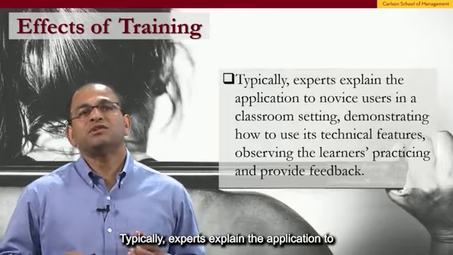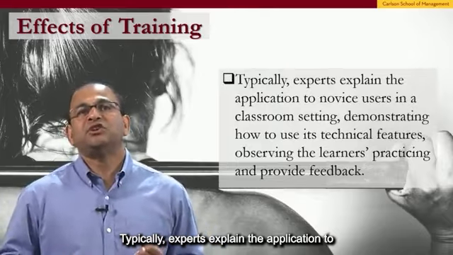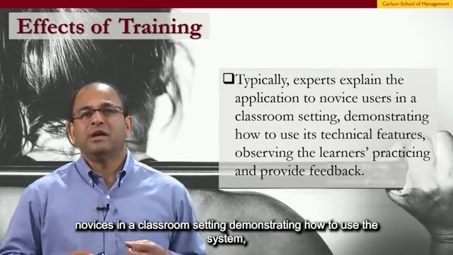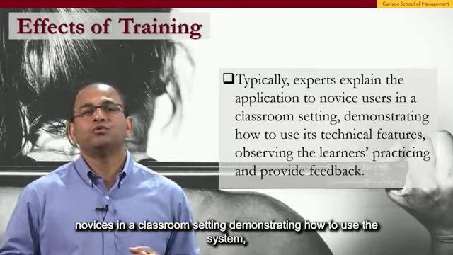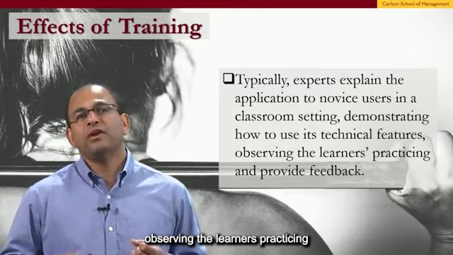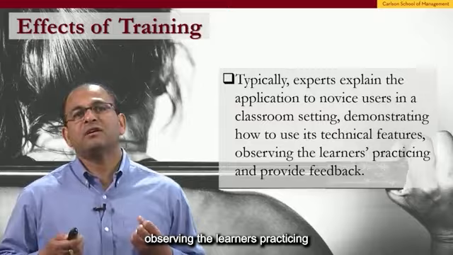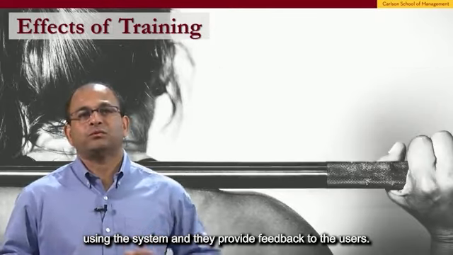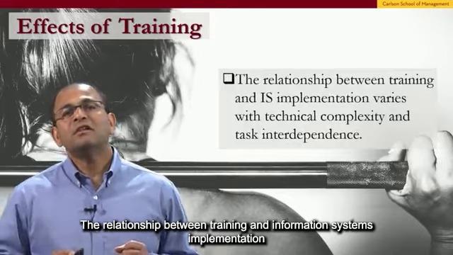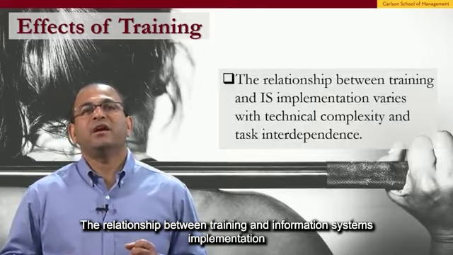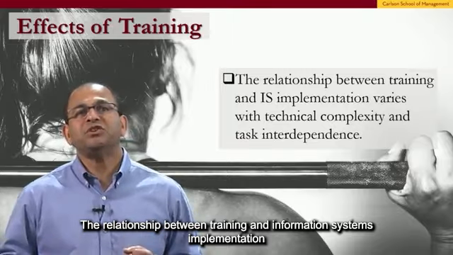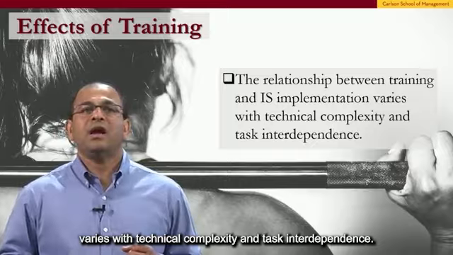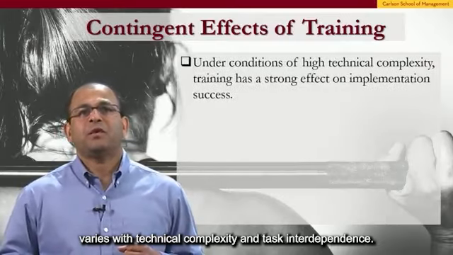Typically, experts explain the application to novices in a classroom setting, demonstrating how to use the system, observing the learners practicing using the system, and providing feedback to the users. The relationship between training and information systems implementation varies with technical complexity and task interdependence.